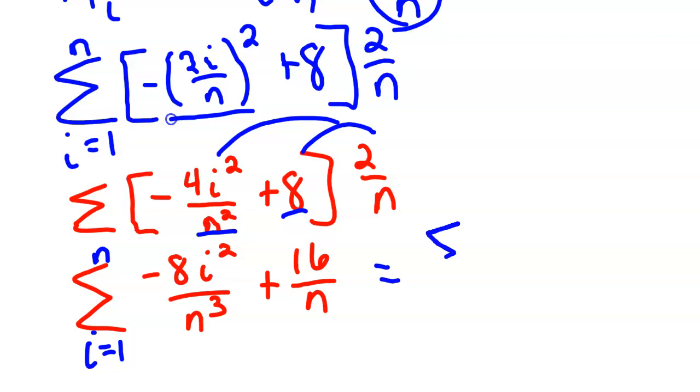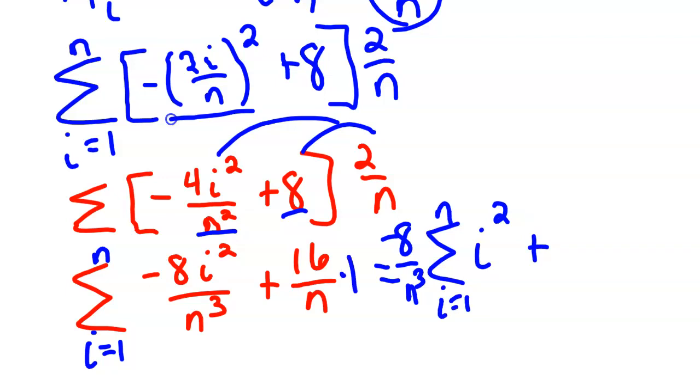And so the summation now, you can put that negative 8 over n cubed out front. So we'd have the summation of negative 8 over n cubed times the summation from i equals 1 to n of i squared, plus, again, there would be a times 1 here. And so you could have that 16 over n times the summation of i equals 1 to n of 1.